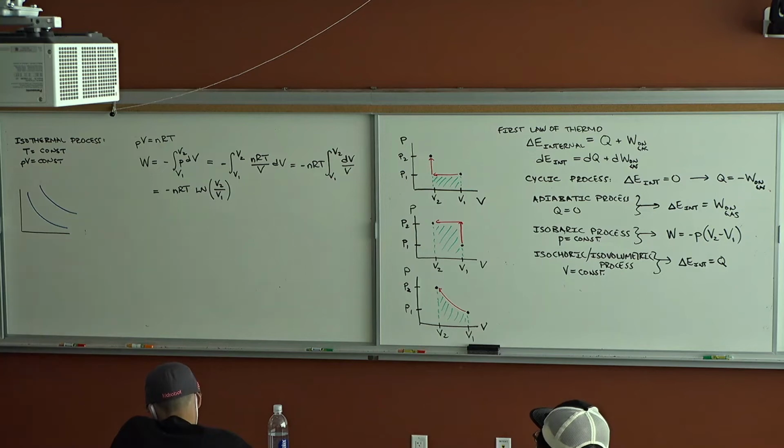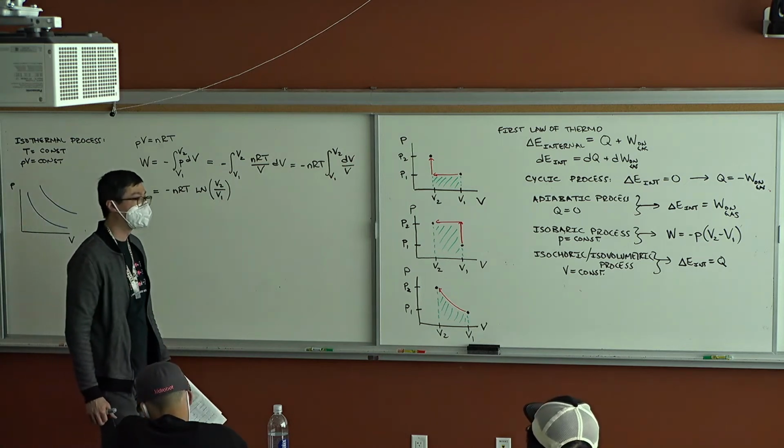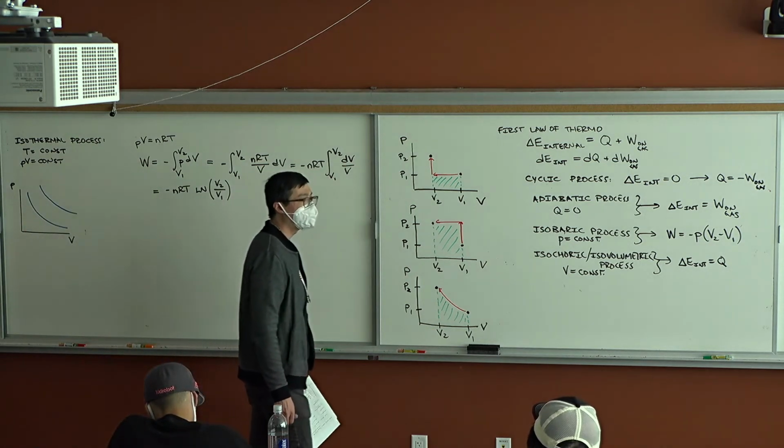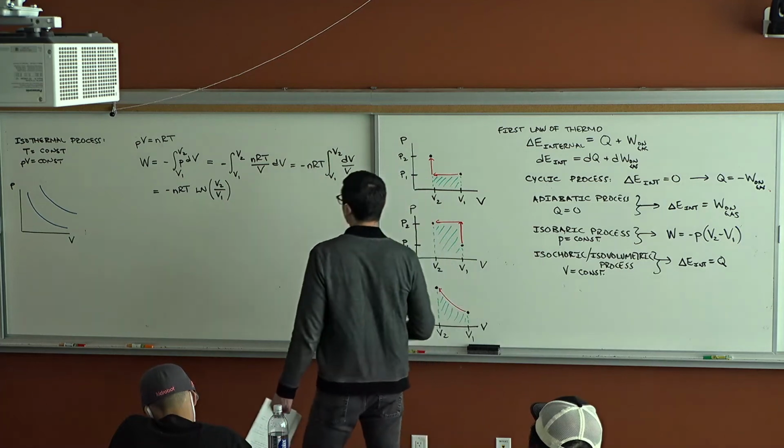But I want to look at a pair of different isotherms. What does an isotherm look like on a PV diagram?